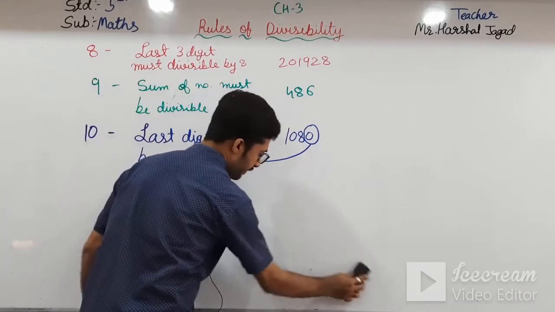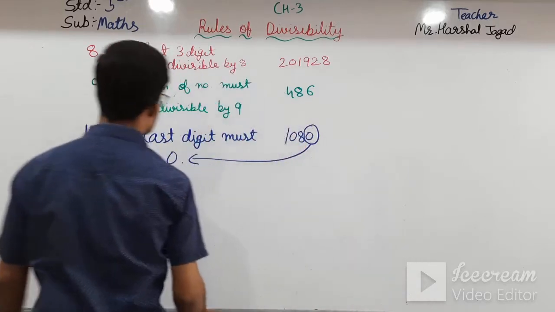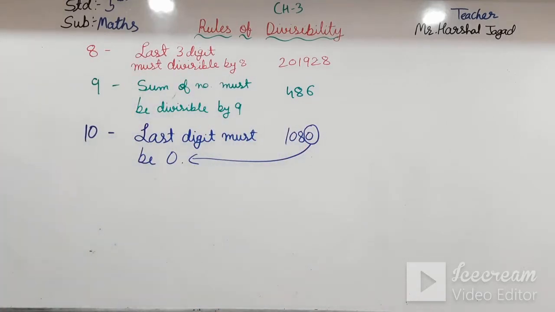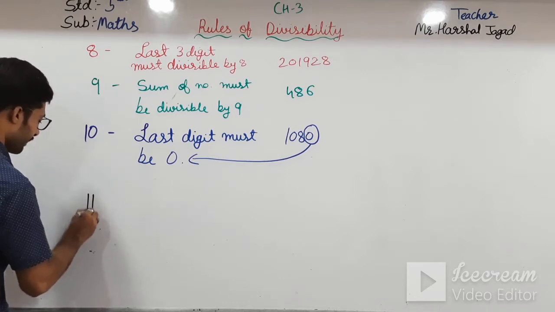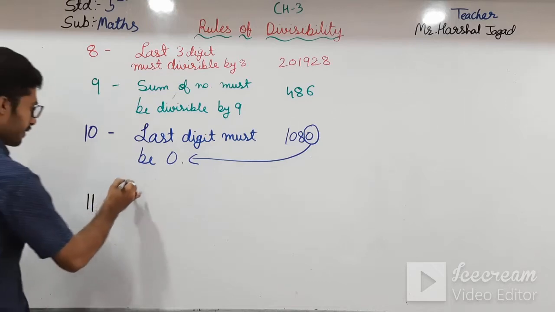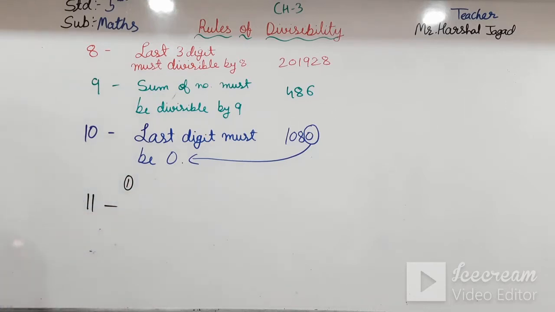For the divisibility test of 11, there are some rules given. 4 rules are given. Let us see all the rules of 11 one by one. See here, the first one, I am just writing it from the textbook.